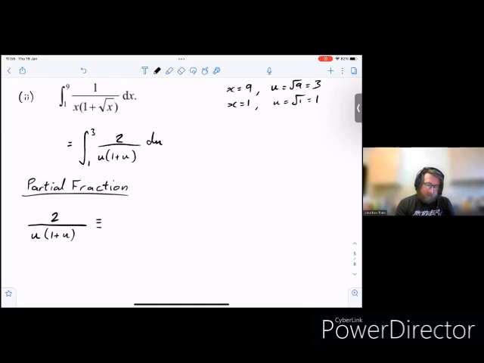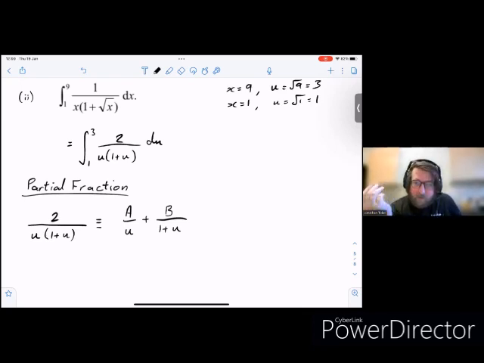But any fraction that's written like that can be written as a number over the first factor on the denominator plus another number over that second factor. So because all fractions can be written like that, we just say it's going to be a over u plus b over 1 plus u.